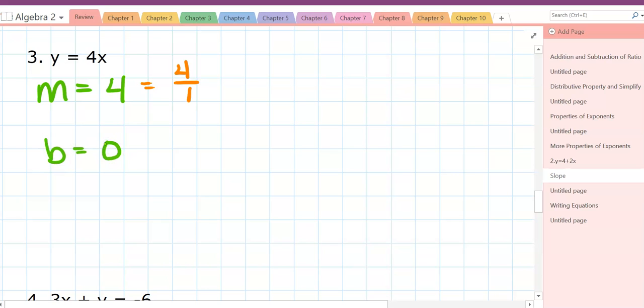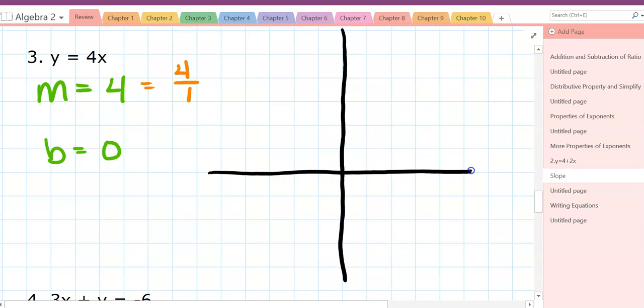Good. There is no b for this one. If there's nothing added or subtracted in your equation, that means that your b is 0. So as far as starting this graph, it's going to start at 0, 0. You're going to draw a point in the center of your graph. So we're going to start with a point at 0, 0, right there in the middle.